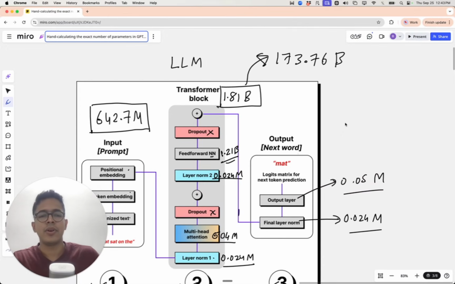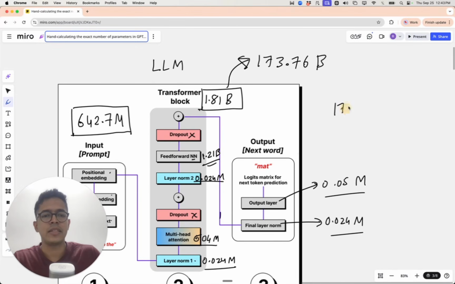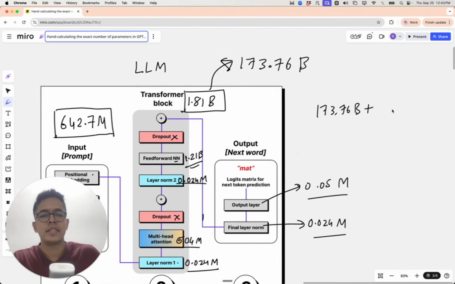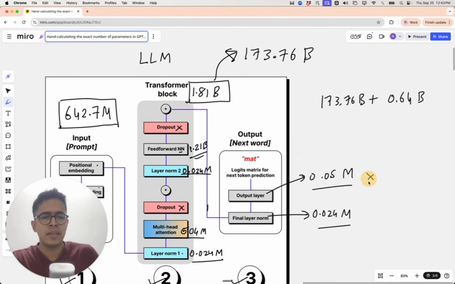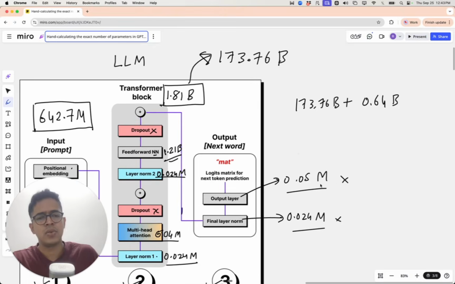So your total number of parameters will now be 173.76 billion plus 0.64 billion. The other parts are ignored because they are so small compared to these numbers.